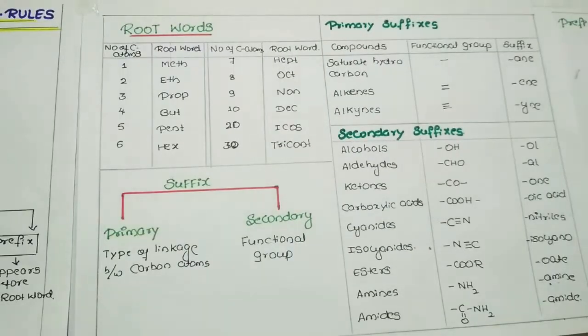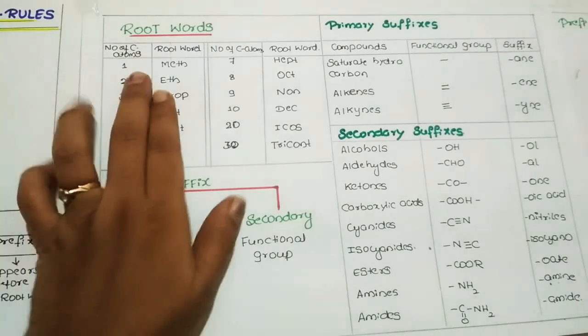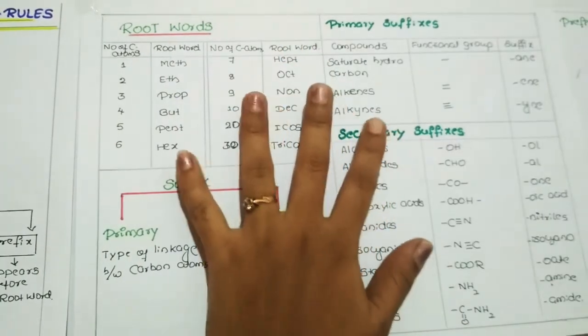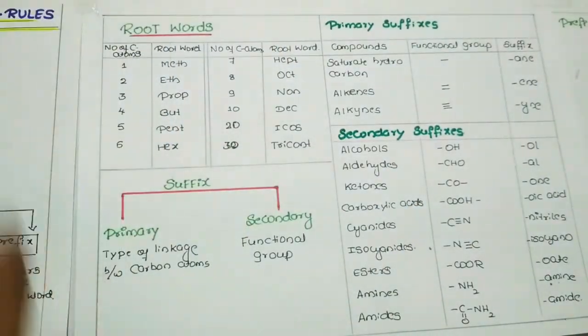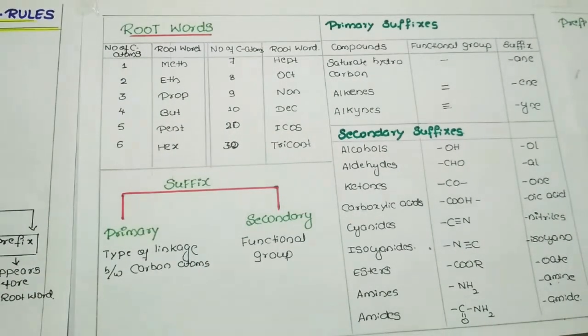Root words, as I told, denote the number of carbon atoms present. Students, I am repeating, you need to learn all these things so that you can give a nomenclature in a correct manner.